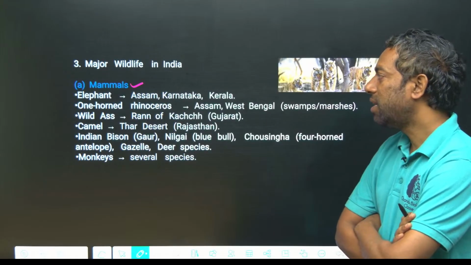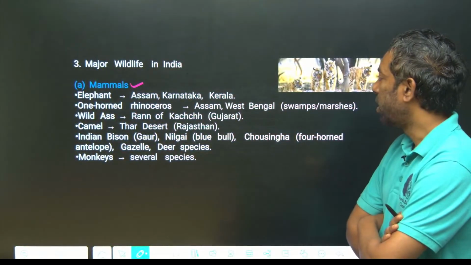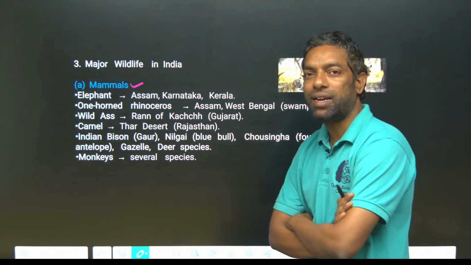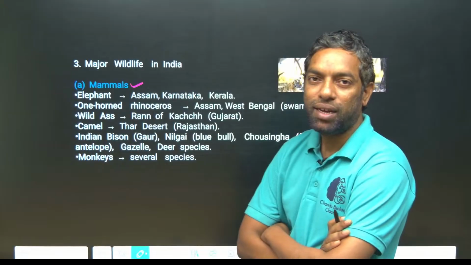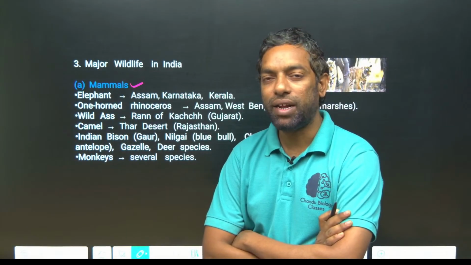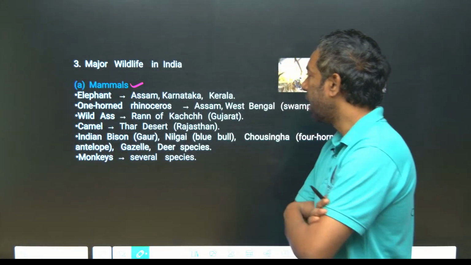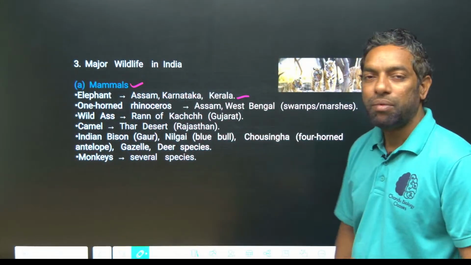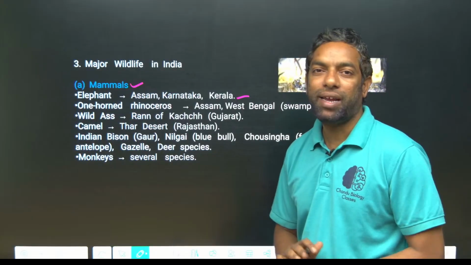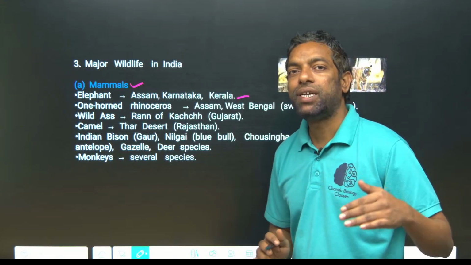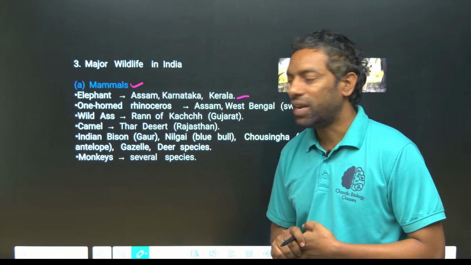These are the main mammals in India. It is very rare in the world, because India is a tropical country. Tigers are mostly found in tropical countries.